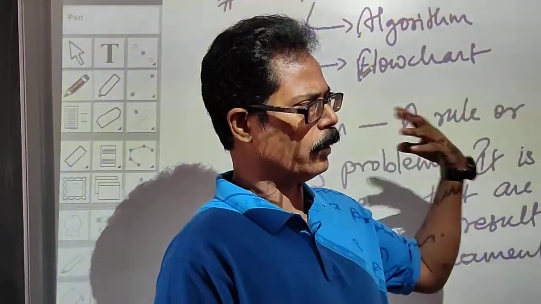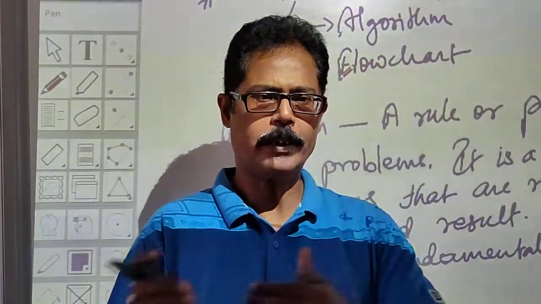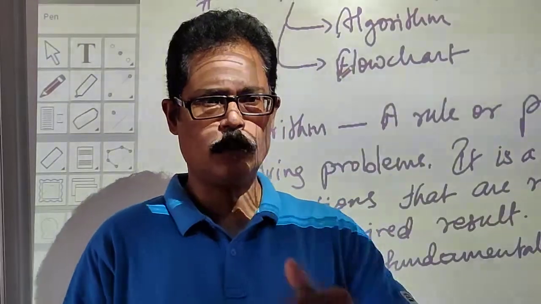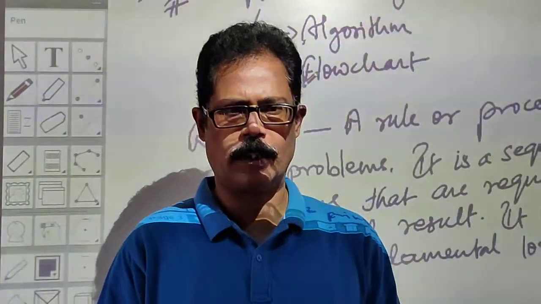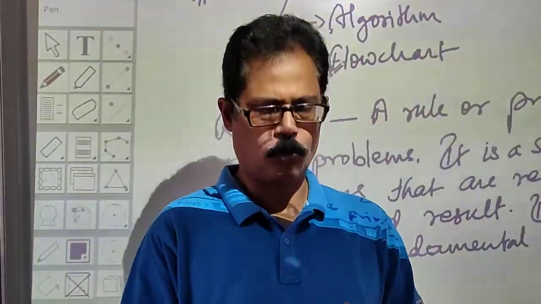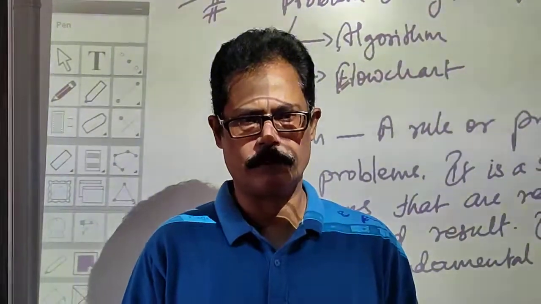With reference to computer or any programming language, before we write a program, we need to plan out exactly what is to be taken as input, what is to be calculated, and what is to be printed.